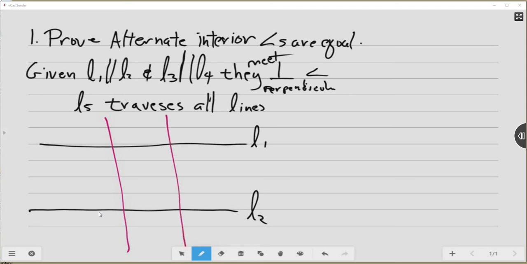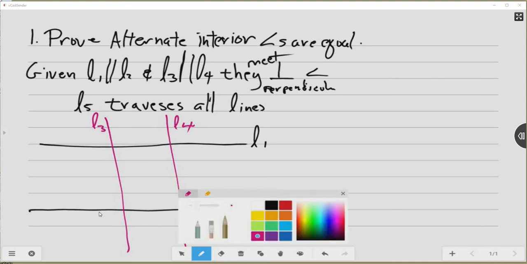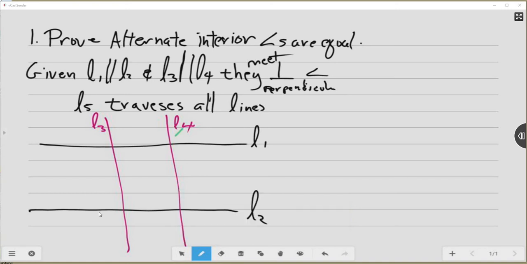Then I got line 3 and line 4. All right, now I'm going to do L5. And I'm going to call this L5.